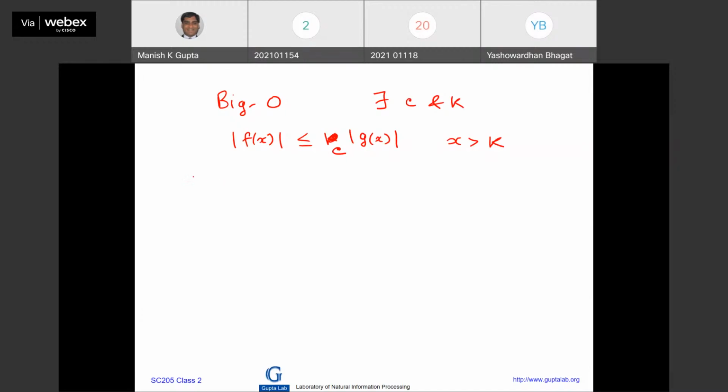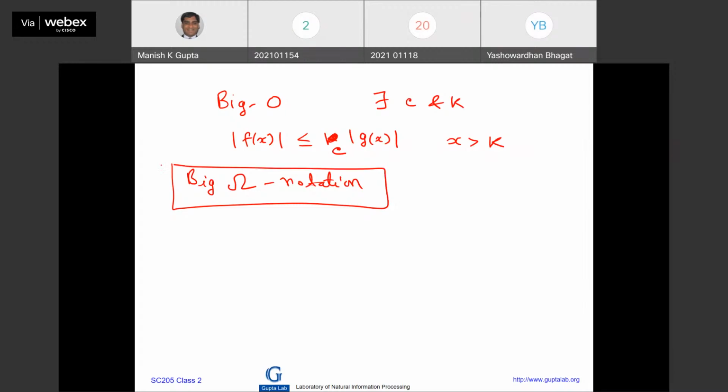Now I'm going to give you another notation known as big omega notation. Again, f and g are functions from integers or reals to reals.